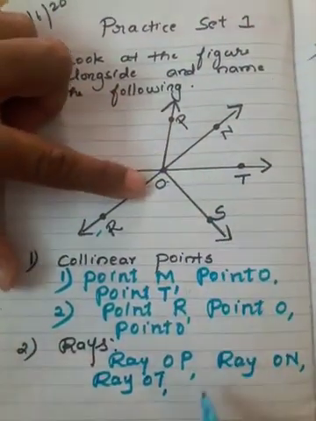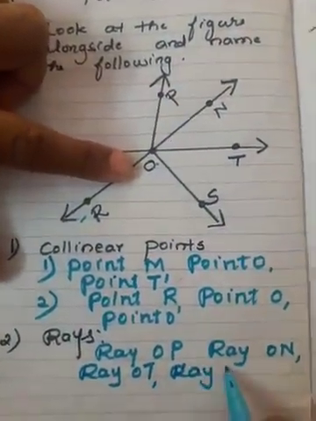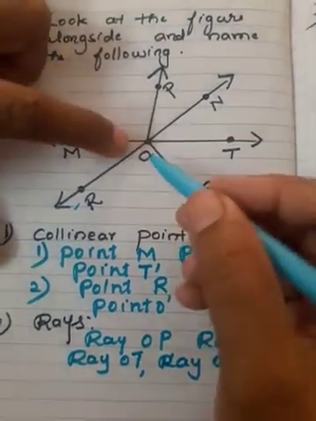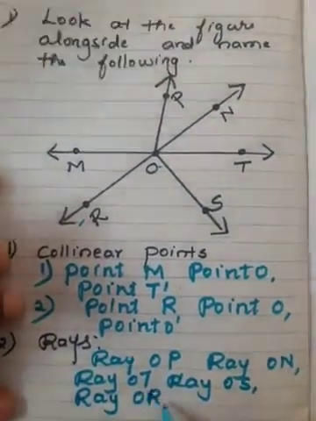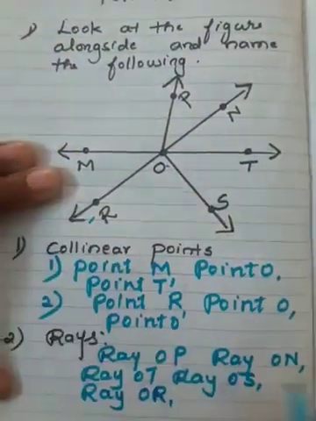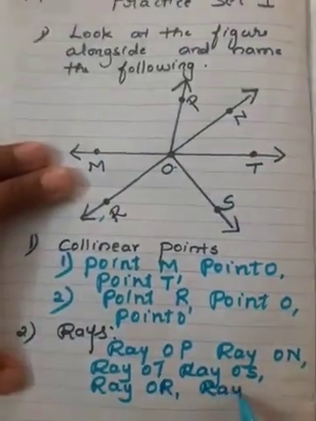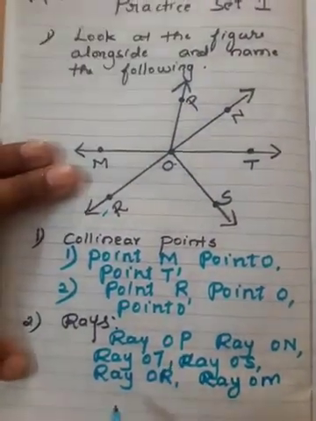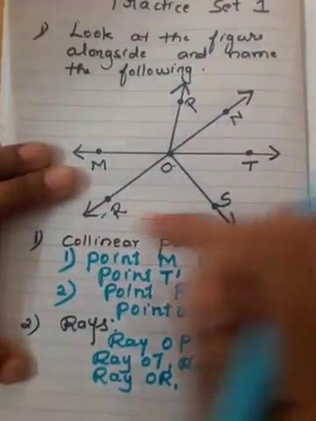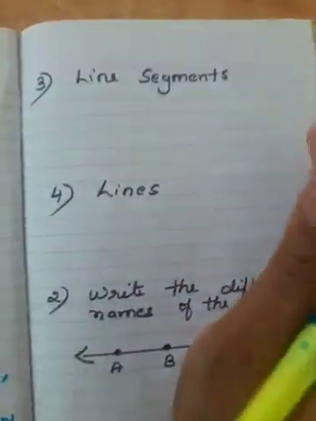Next ray OS. Next ray OR. Next ray OM. So 1, 2, 3, 4, 5, 6. 6 rays. Next, third question is name the line segments.